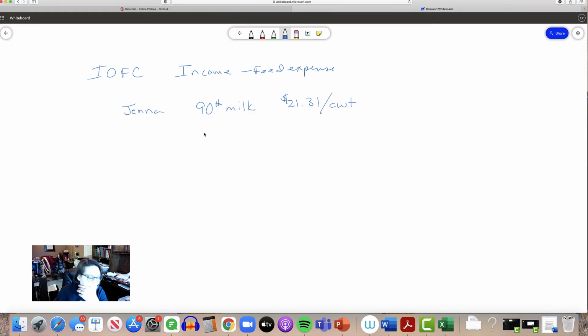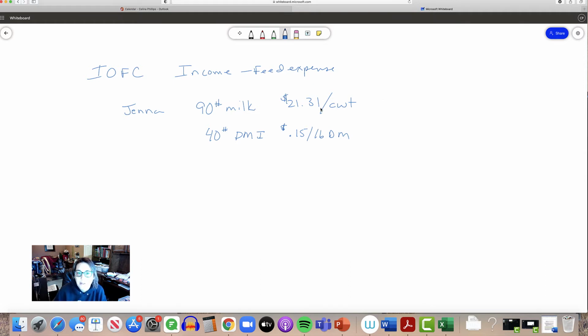And she has a group of dairy cows that are eating about 40 pounds of dry matter. I'm going to put DMI, dry matter intake, per day, and the ration is costing 15 cents per pound of dry matter. So what we need to do is figure out how much is she making with these cows and what her feed expense is.